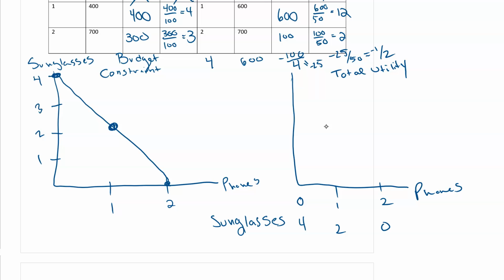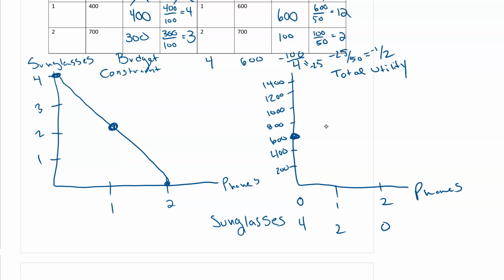So if we're consuming 4, we have a total utility of 600. So we'll plot that.